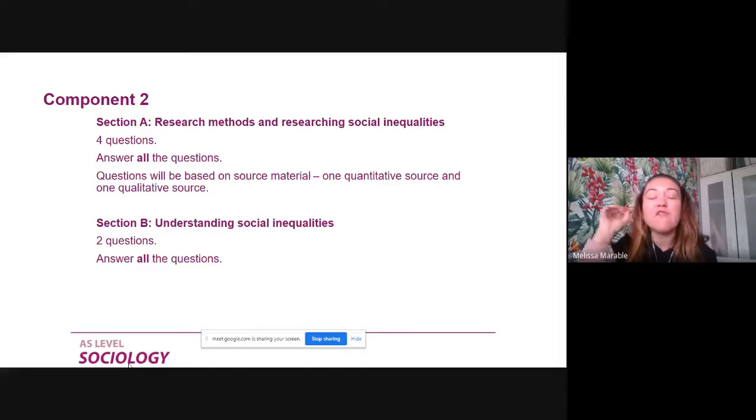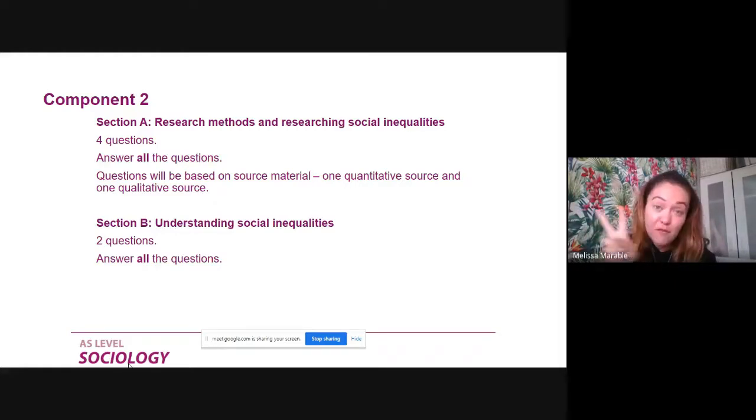Spend 5 minutes reading through those sources, because all of your questions in section A will be related to that source. You are going to be picking up your AO2, your application marks, by reading that source. I would highlight, I would annotate, I'd do whatever you need to do to make sure you really are immersed in that source. So whenever you get a question, you're relating whatever subject knowledge is testing you into that source.